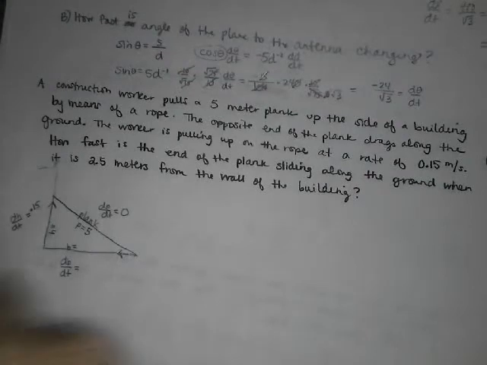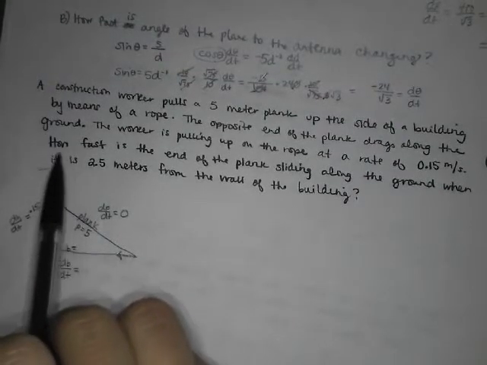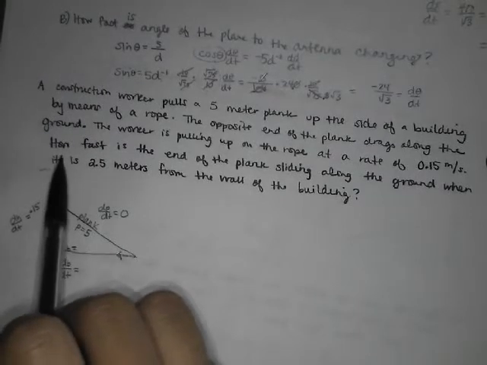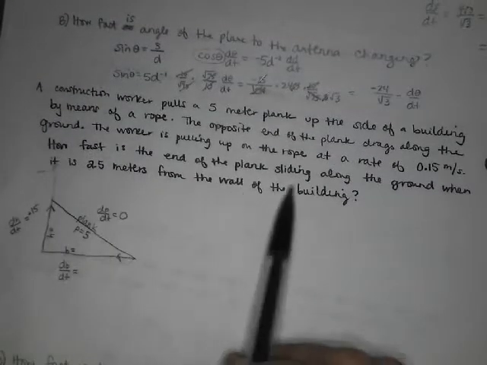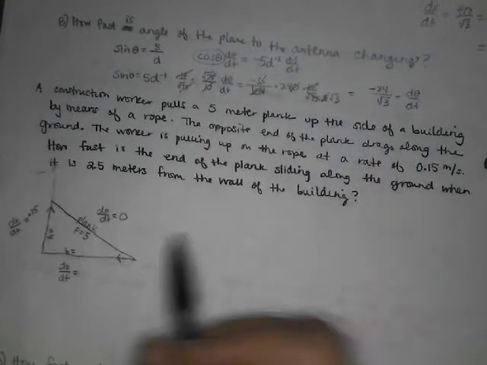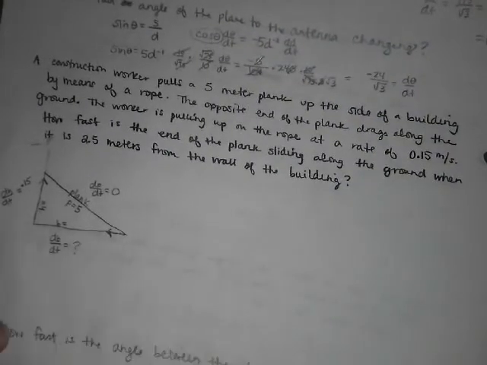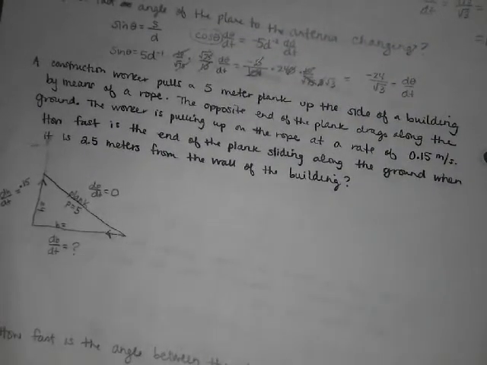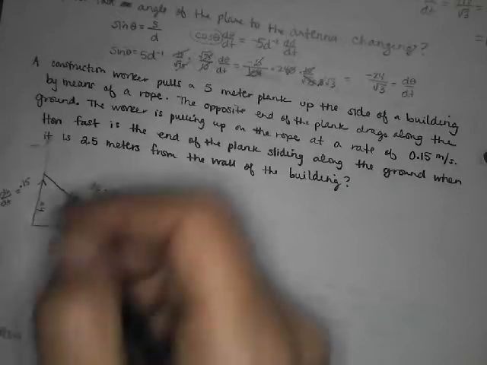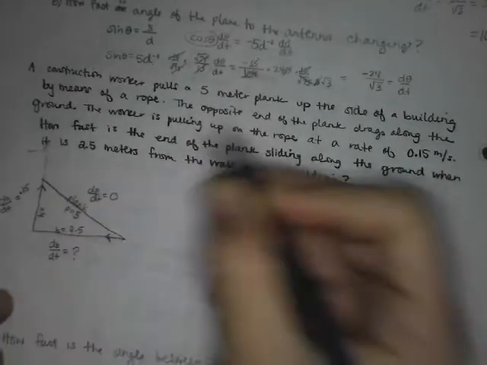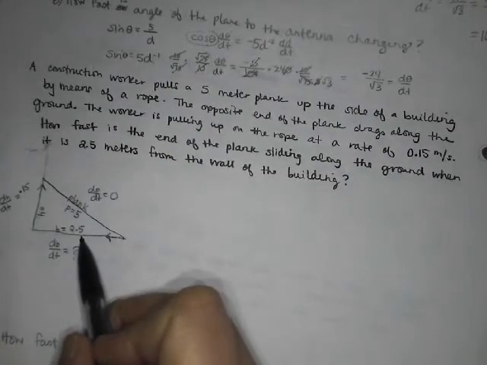And then looking now at their question, you can be more confident of that. How fast is the end of the plank sliding along the ground? So this is what they're looking for, dB/dt. Specifically when it is 2.5 meters from the wall. So what's 2.5? B. Now again, that's not a constant, right?